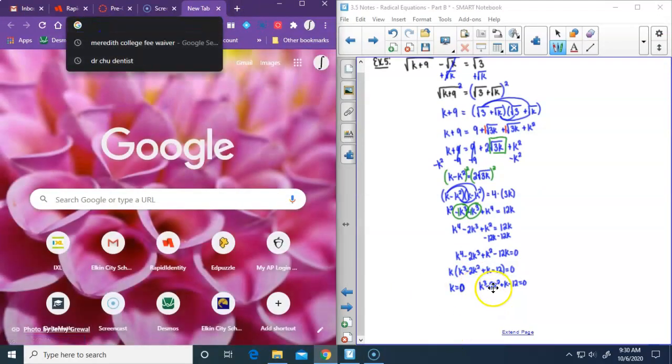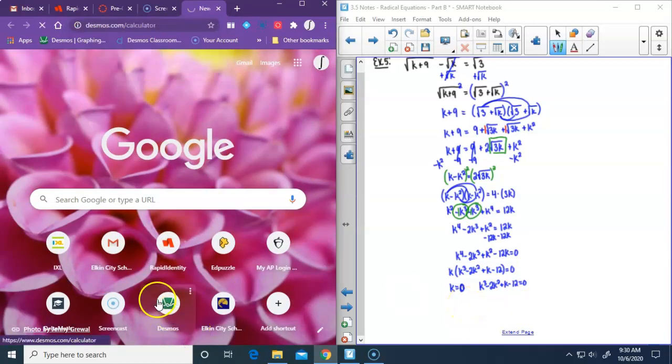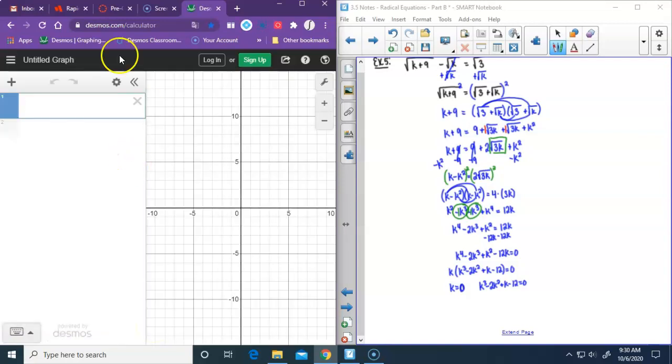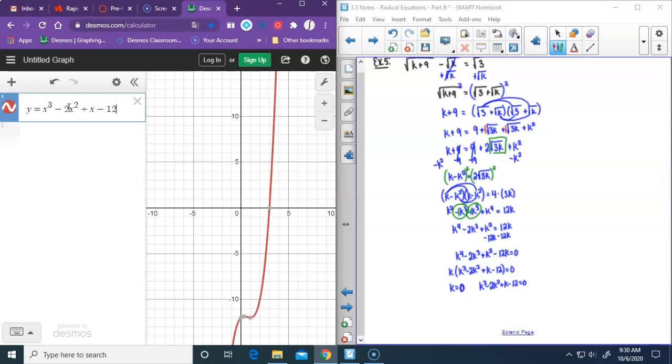So if you get anything that has a k to the third or higher, let's just go to Desmos to solve that. So if I go to Desmos here, and I type in, let's use x for Desmos, y equals x to the third minus 2x squared plus x minus 12.